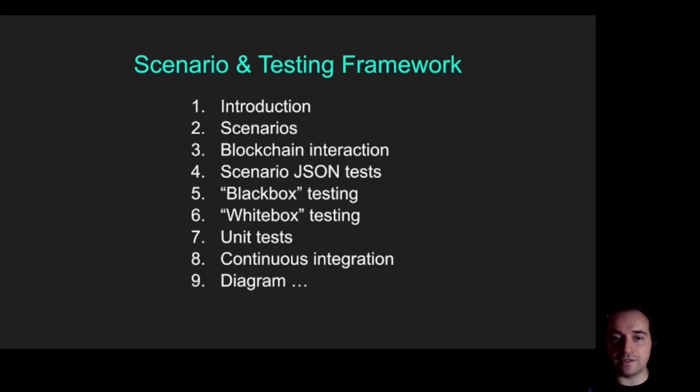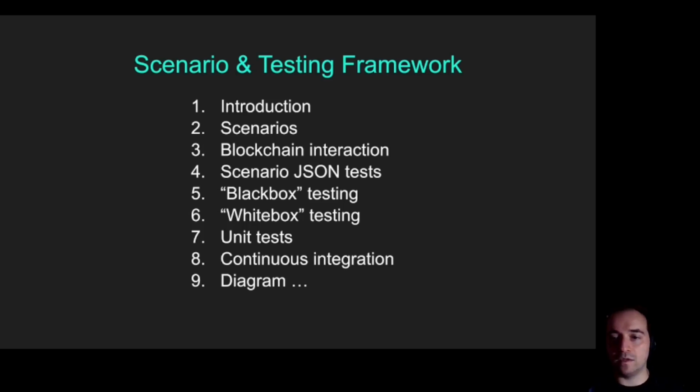And these scenarios are not necessarily tied to a specific technology. They are more like a framework of thinking about smart contract execution. And as you will see, we have this scenario abstraction implemented in several languages.